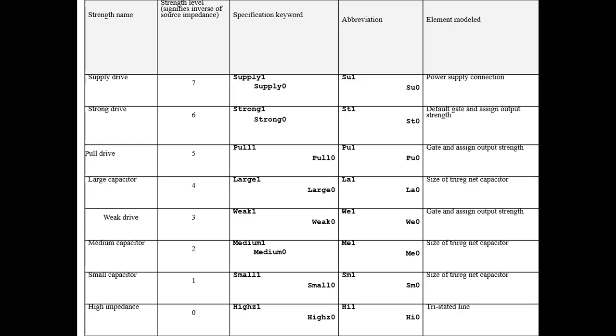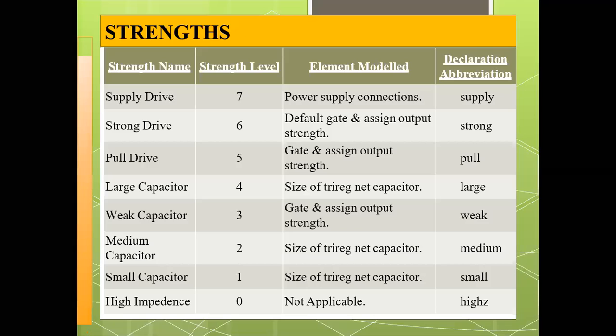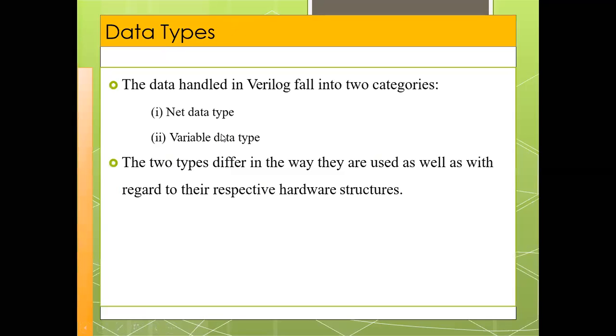In the next classes we will see the same table, now showing its strength levels, and we have the data types here. Those data types we will discuss in the next classes. Most probably within the next class or upcoming classes, we will conclude this unit. After that, we will go for gate modeling.